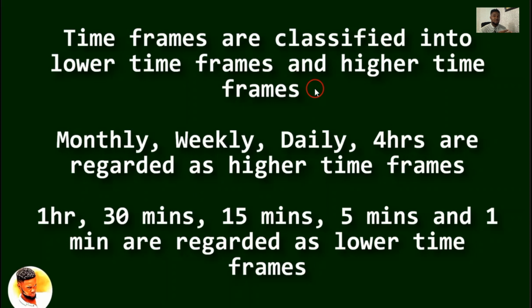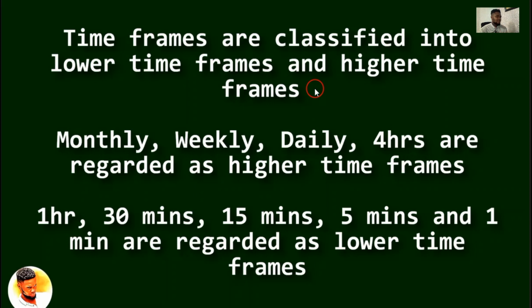We say something about the higher time frame and the lower time frame. Monthly, weekly, daily, and 4 hour are regarded as higher time frames. This exercise I'm going to show you at the end of this video should be done on a higher time frame. First, you need to understand how the higher time frame works, because the higher time frame has little or no noise compared to the lower time frame.